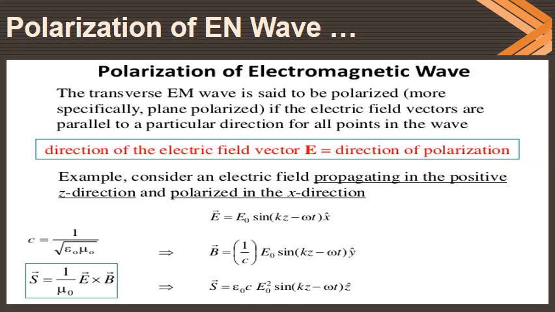That is mentioned in the electric field as well as the magnetic field: what is the direction of the electric field vector, if the direction of polarization is there, what will be the effect, how the electric and magnetic waves will be propagating in the positive z direction or any other direction, how they are polarized, how the standard equation can be written in terms of the electric and magnetic fields, how the speed of light can be mentioned, how I can get my Poynting vector and all, that is also possible. So the transfer of your electromagnetic wave is nothing but the polarization.